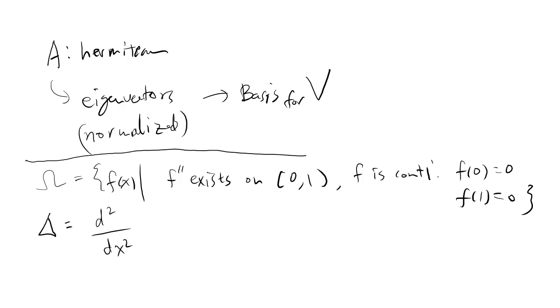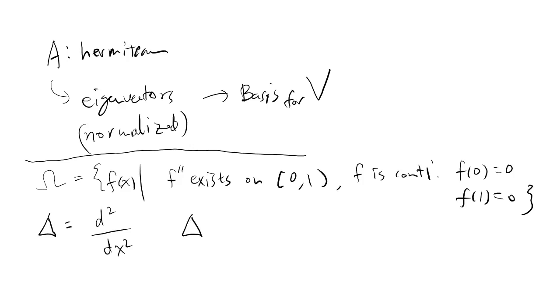We know that it's a Hermitian operator, and in this specific example, you can integrate by parts twice and show that this is indeed self-adjoint. Now, if it's Hermitian, then to use the idea that eigenvectors form a basis of V, you can think of it like this.